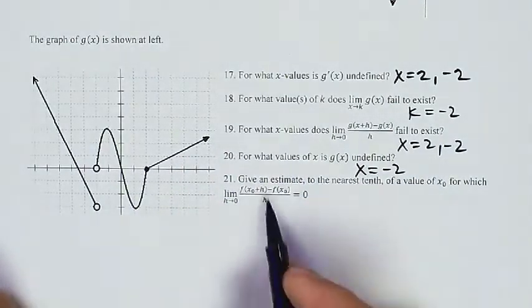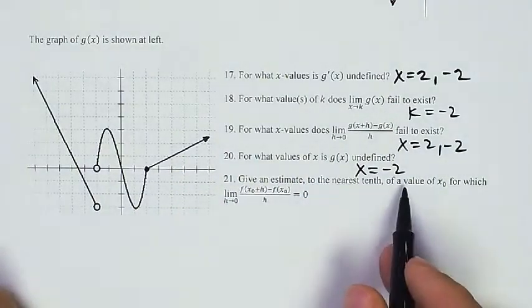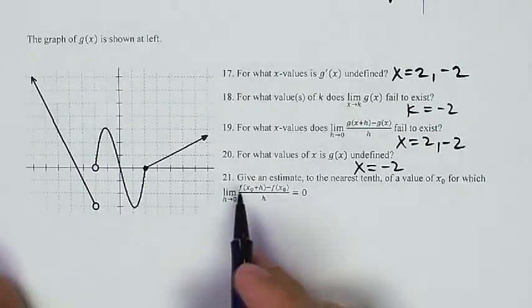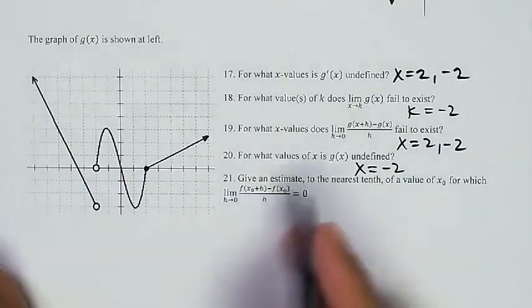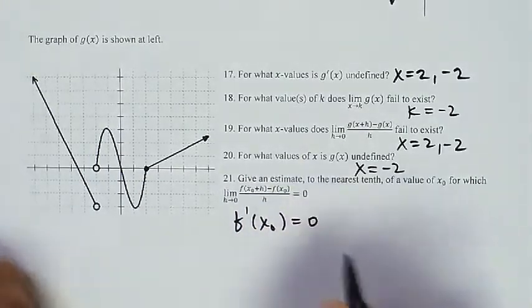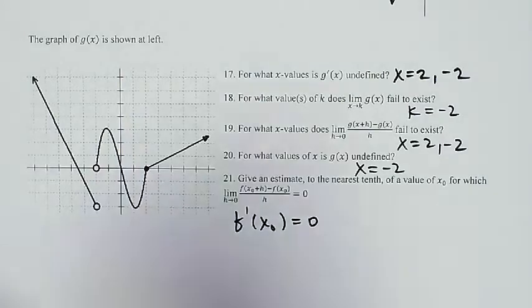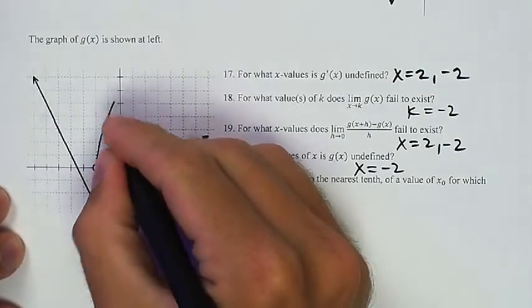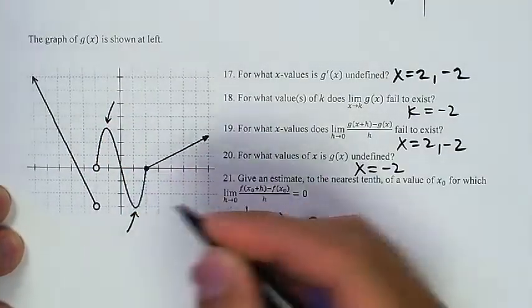Okay. Give an estimate to the nearest tenth of a value of x0 for which the slope of f at x0 is 0. So where is the slope equal to 0? Well, I can find it. It's right there and right there.